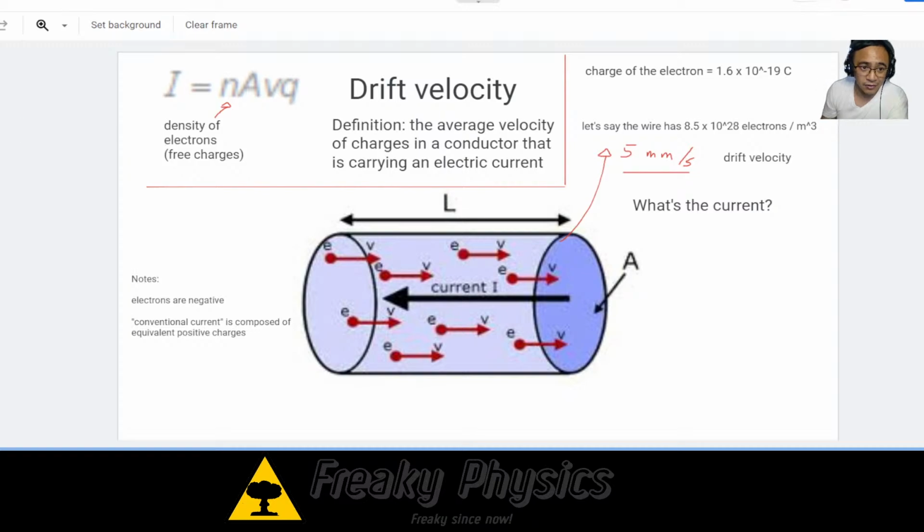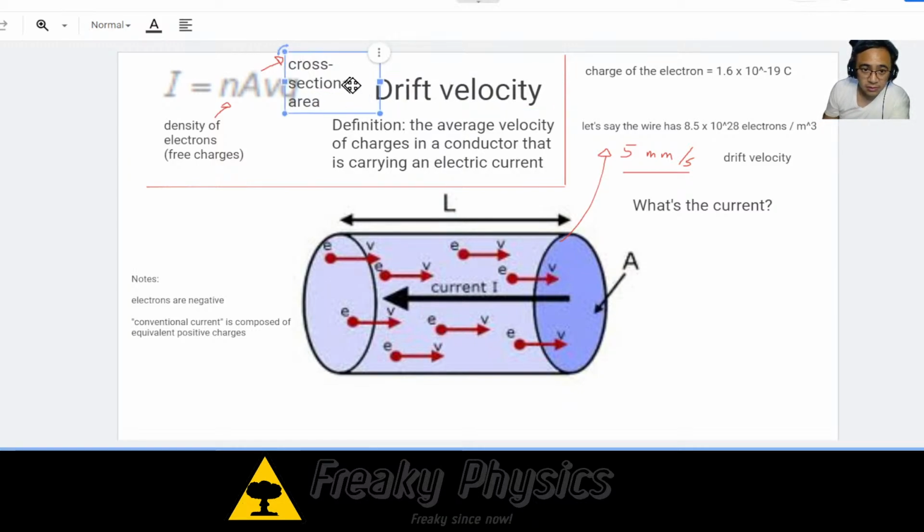A would be the cross-sectional area of the conductor. Wait, so is it L?